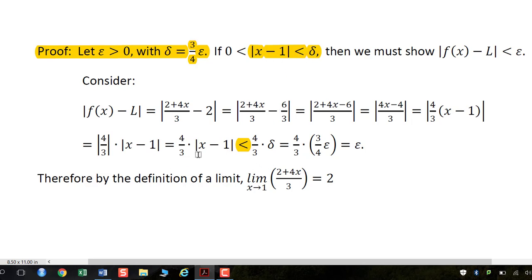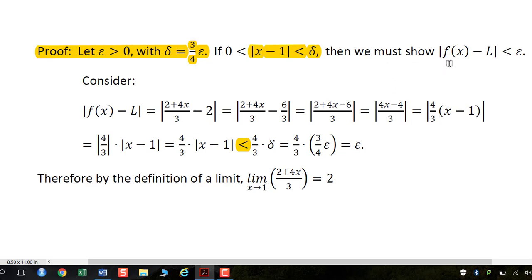So therefore, 4 over 3 times the absolute value of x minus 1 must be less than 4 over 3 times delta. That's equal to, well, what's delta? Plug in delta with the 4 over 3, and we just get epsilon. So we've done what we need to do.